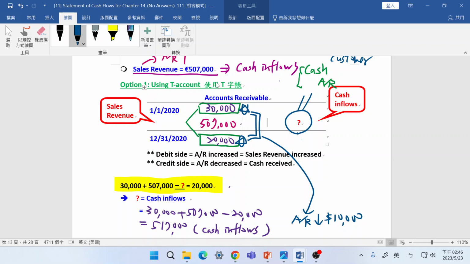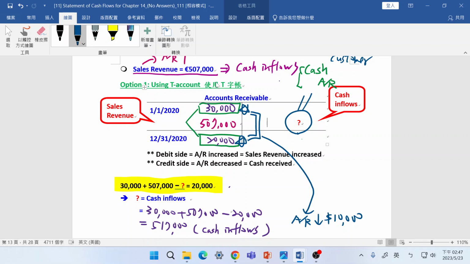Then if I told you that on the last day, customers only owe you $20,000. So this is the money customers owed. Based on that, could you tell me how much money customers paid to you? Customers paid $537,000 minus $20,000, right?